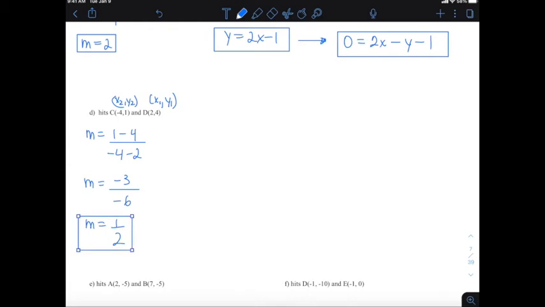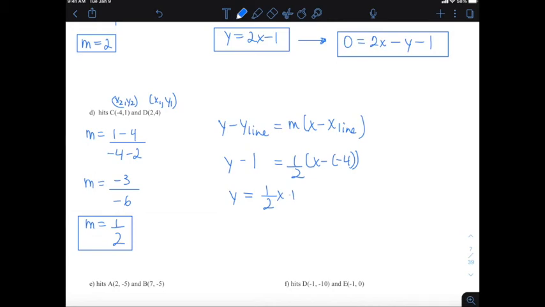Okay, so I'm going to sub that into y minus y1 equals m times (x minus x1). Let's put the first one in: y minus 1 equals 1/2 times (x minus -4). Don't forget the brackets. Okay, so I'm going to get 1/2 x plus 2, so I did a lot in my head there, plus 1 equals 1/2 x plus 3.